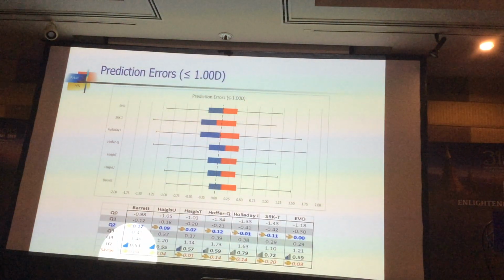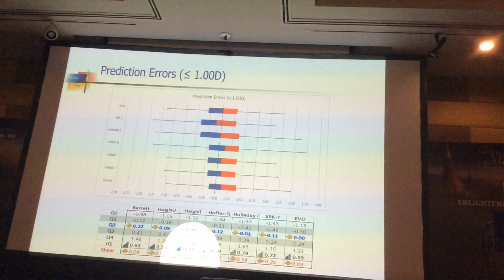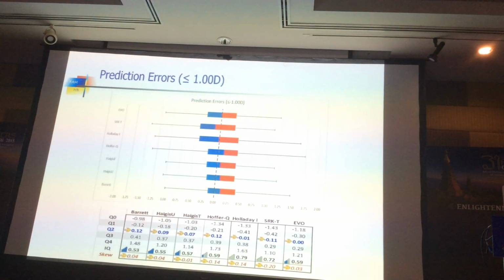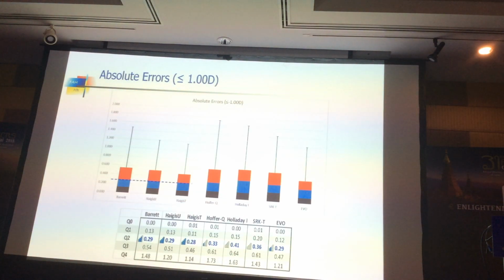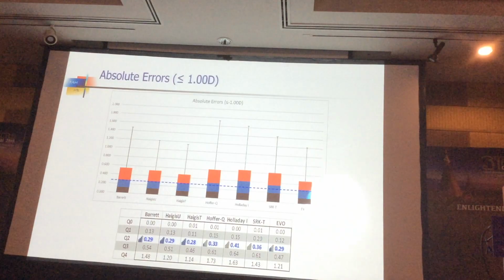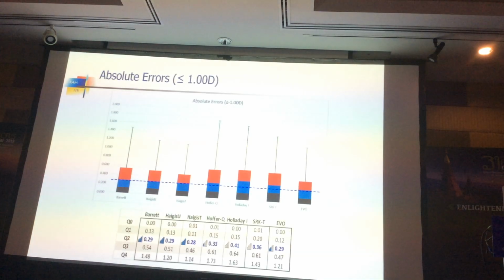The skew: Barrett, Haigis, Evo is okay. SRK/T is no good. Holladay skew is no good. So the spread is wide. And then the median absolute error, here it is 1, 2, 3, 4. The other 3 formulas are much higher.